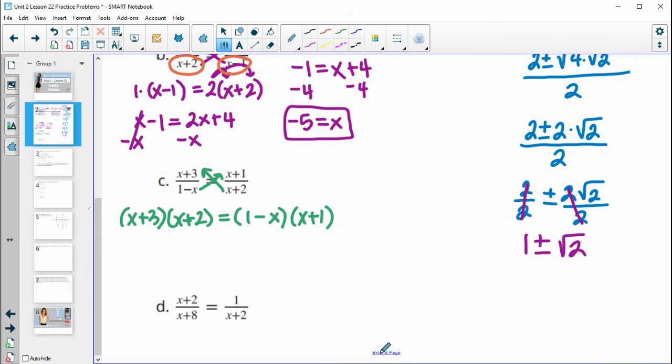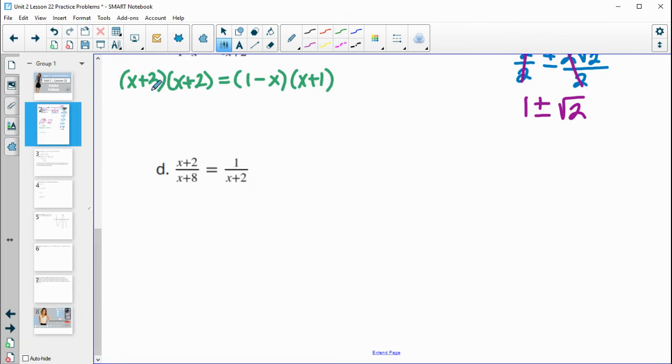So now we'll expand. So x times x is x squared. X times 2 is 2x, so we're just distributing this x into both pieces. Then we'll multiply the 3 into the x, which is 3x, and then multiply the 3 to the 2, which is 6.